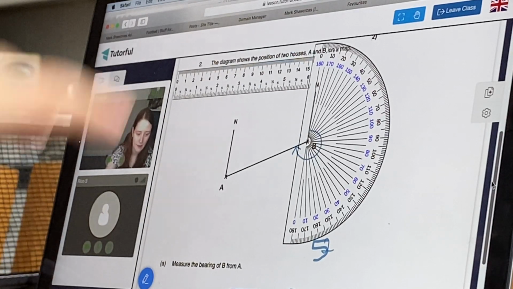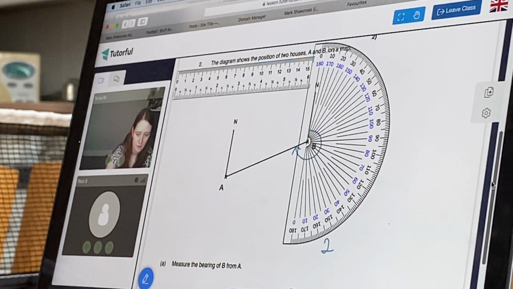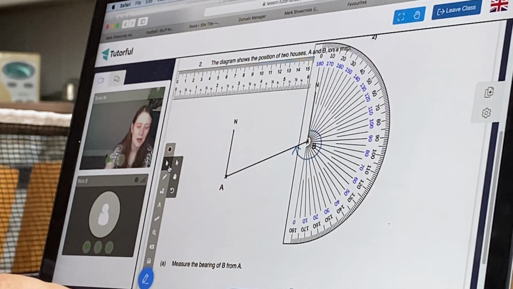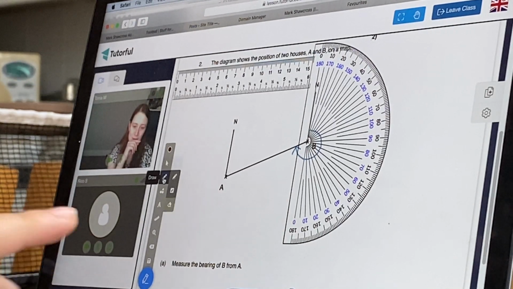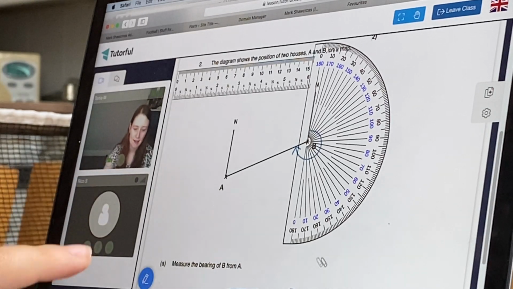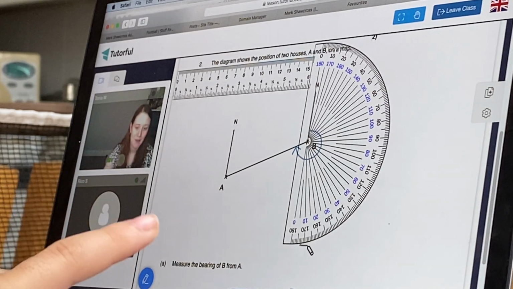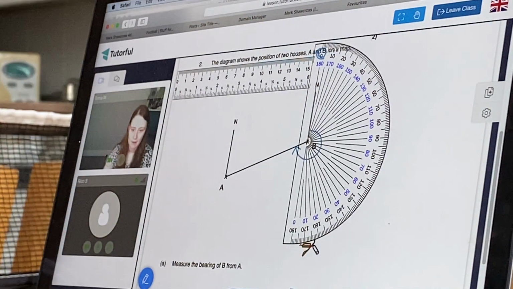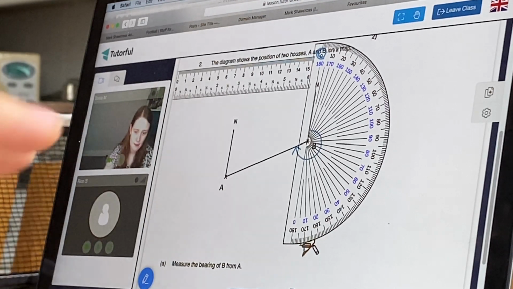Where, sorry, can you mark it on? On which side? You tell me. The black side. Yeah, why is it the black side? Because the 0. Yeah, because we started on the black 0, didn't we? So it's going to be there. So we draw a line to there from the middle.